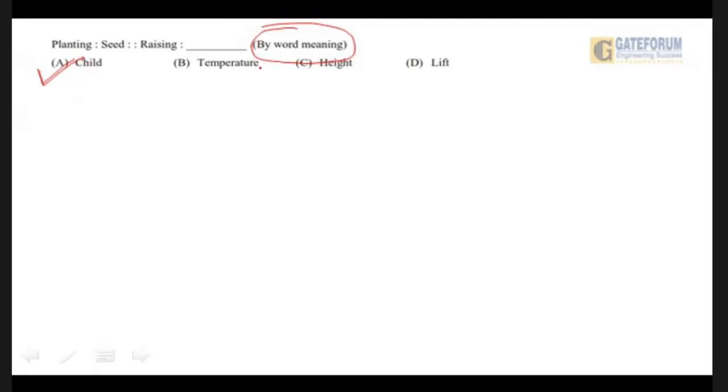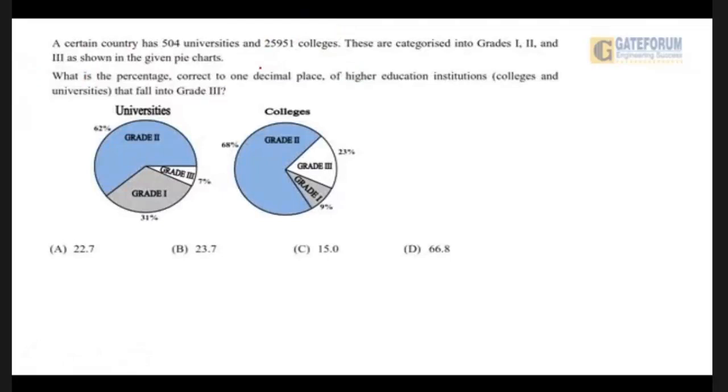Let's go on to the next one. You see, these are called pie charts. Data interpretation. A certain country has 504 universities and 25,951 colleges. They are categorized into grades 1, 2 and 3 as shown in the given pie charts. What is the percentage, correct to one decimal place, of higher education institutions, which means colleges and universities, that fall into grade 3?